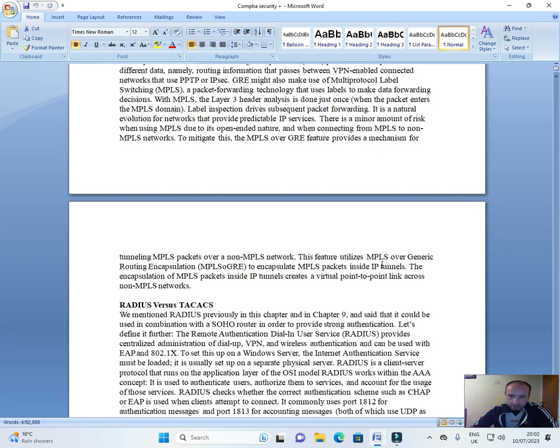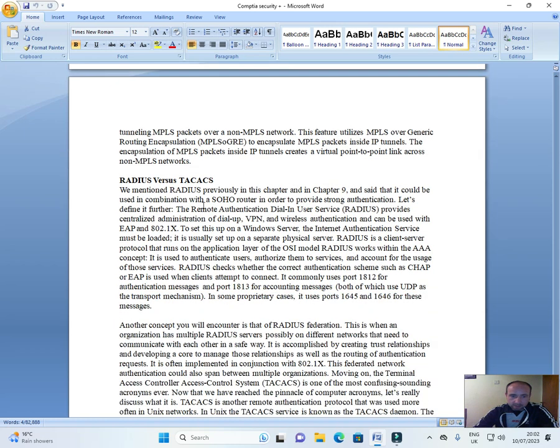This feature utilizes MPLS over generic routing encapsulation, MPLS over GRE, to encapsulate MPLS packets inside IP tunnels. The encapsulation of MPLS packets inside the IP tunnel creates a virtual point-to-point link across non-MPLS networks.